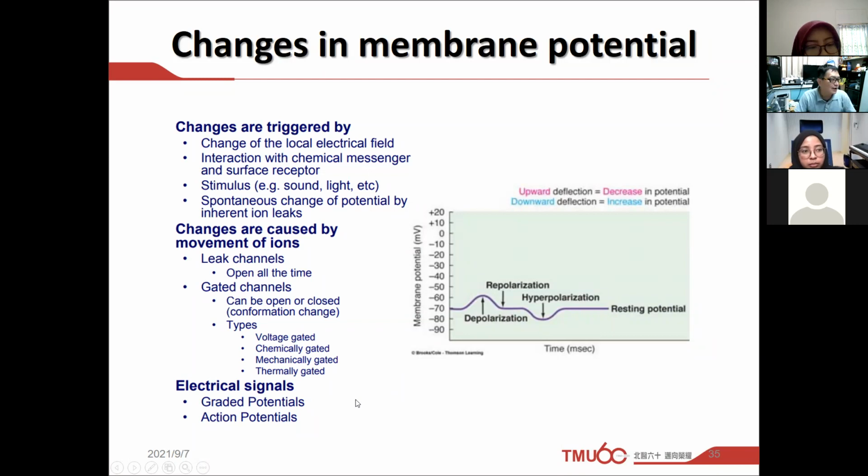Okay, there are two kinds of electrical signaling. First one is graded potential, another one is action potential. Everyone has to know how to distinguish graded potential and action potential. This is very important.